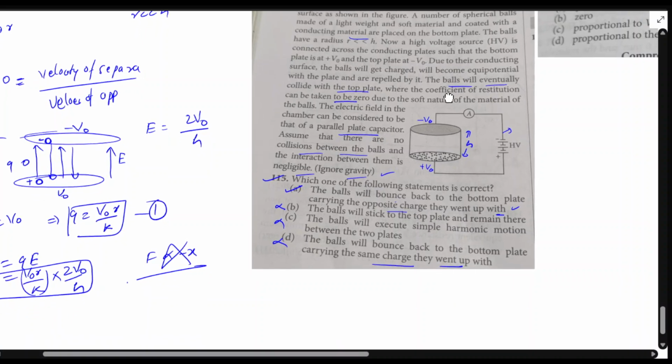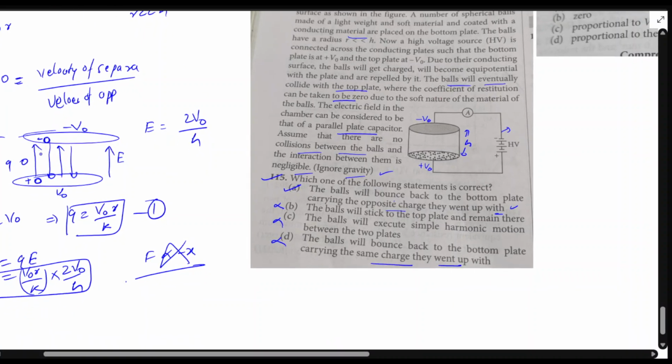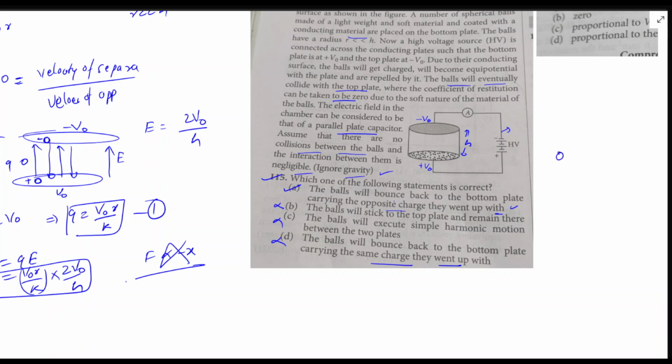Perfect. So look, we have this. As the positive charge will go up, the current will be in the direction of the positive charge, so I will be in this direction. Now the negative will go down, but the direction of current is opposite to the movement of negative charge, so current will still be up.